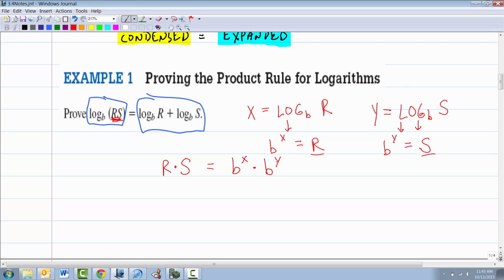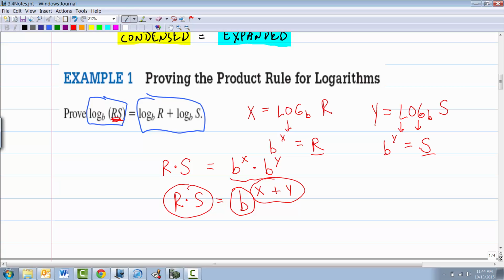And now this is the key. We know exponentially what we do with this. What's b to the x times b to the y equal to? B to the x plus y. And then you know what you're going to do after this? This is an exponential, and now what I'm going to do is reverse it and turn it into a log.